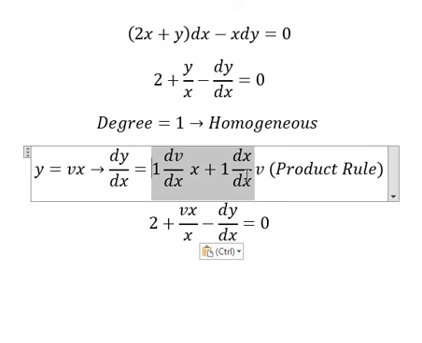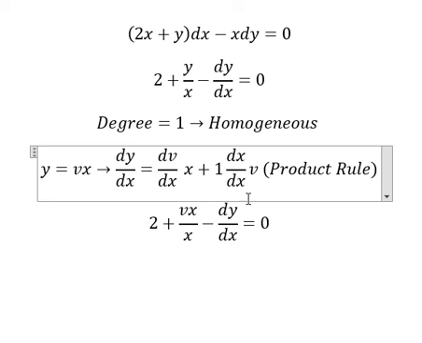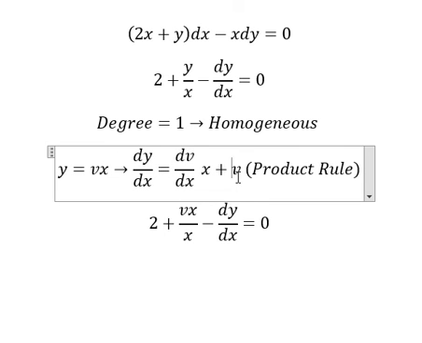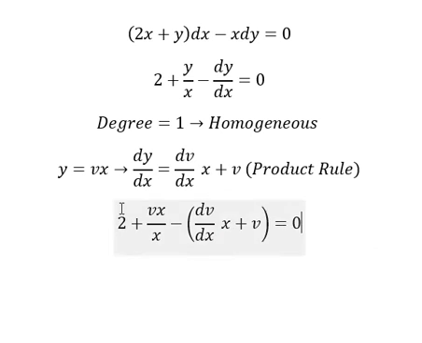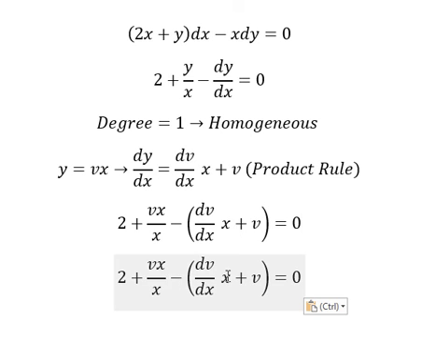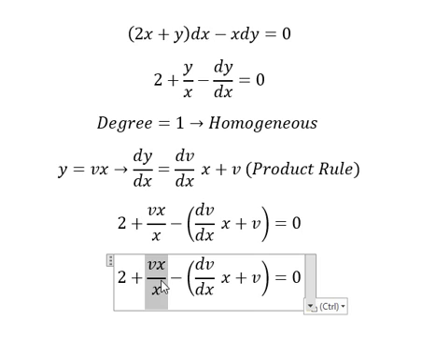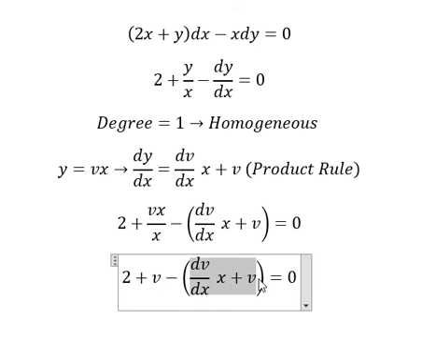This one, that is about this one. So I will put this one go in here. So this one we have v, and now we need to put negative go in here.